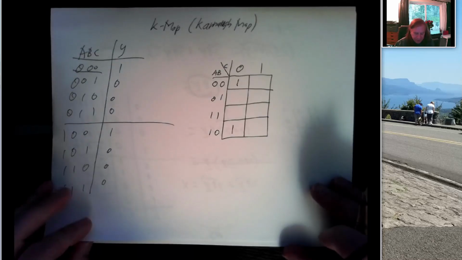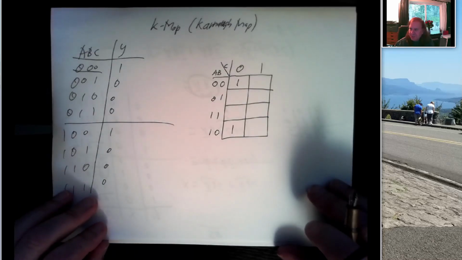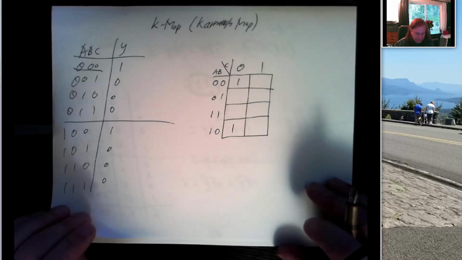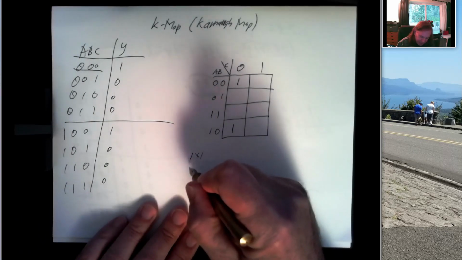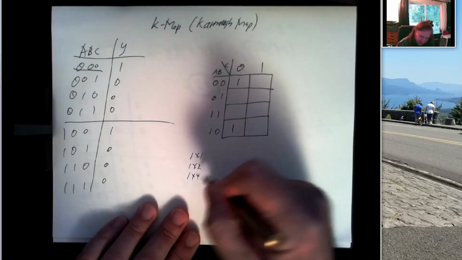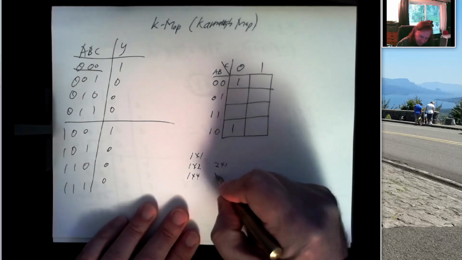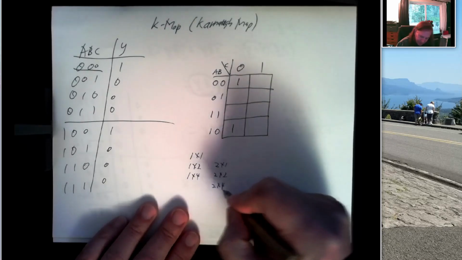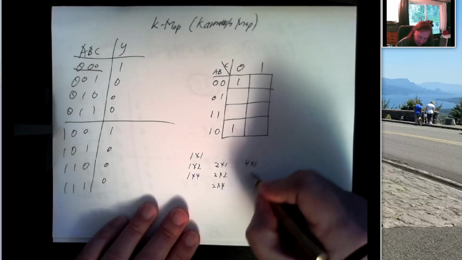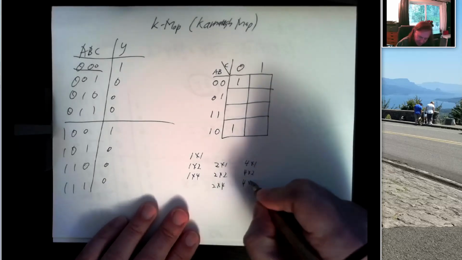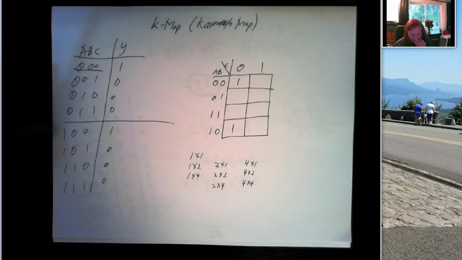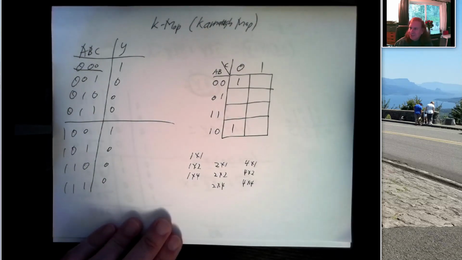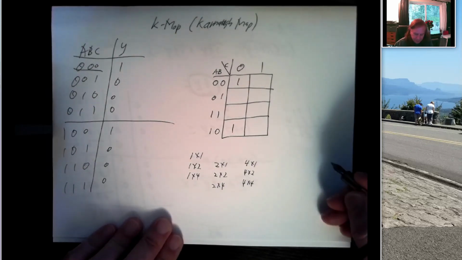The next thing we do is we try to cover these ones with squares or rectangles. And our squares or rectangles can be 1 by 1, 1 by 2, 1 by 4, 2 by 1, 2 by 2, 2 by 4, 4 by 1, 4 by 2, or 4 by 4. I probably missed a few. But the sides of our rectangles have to be either 1, 2, or 4.